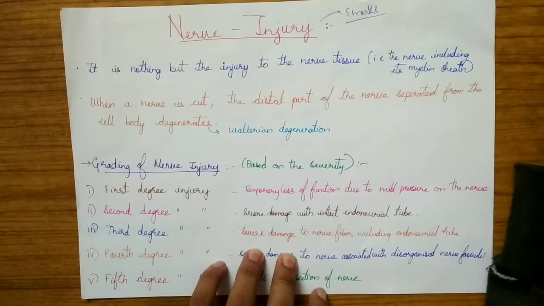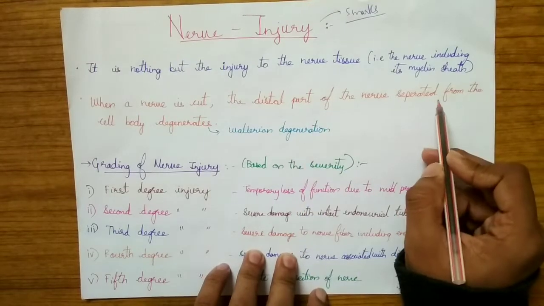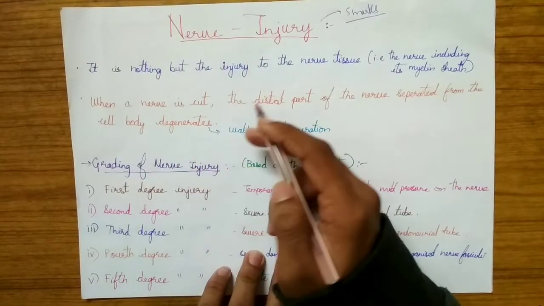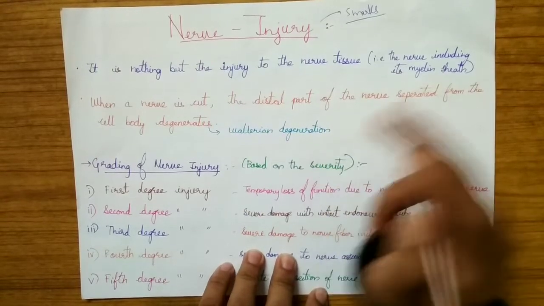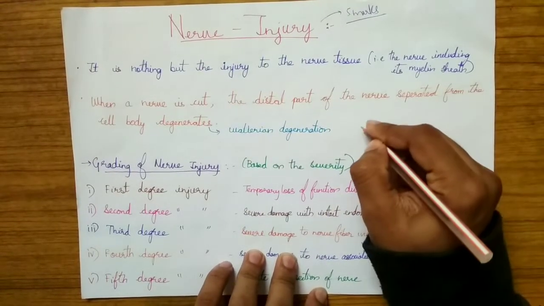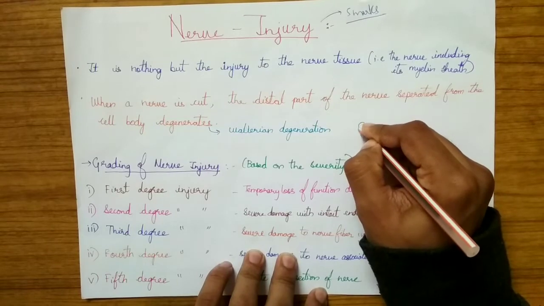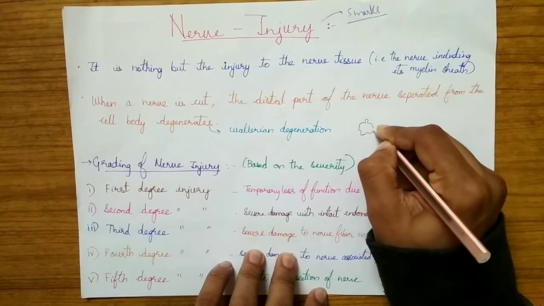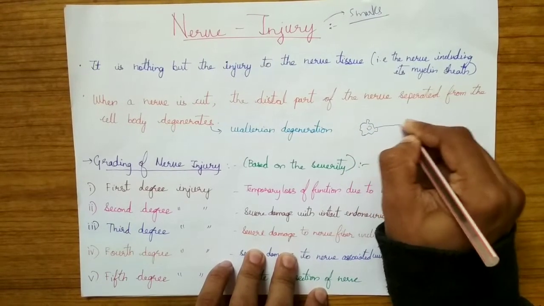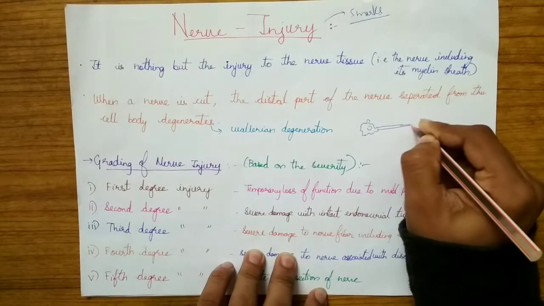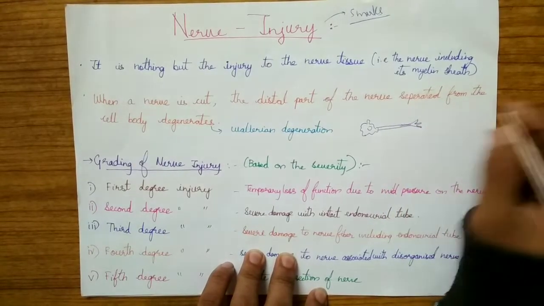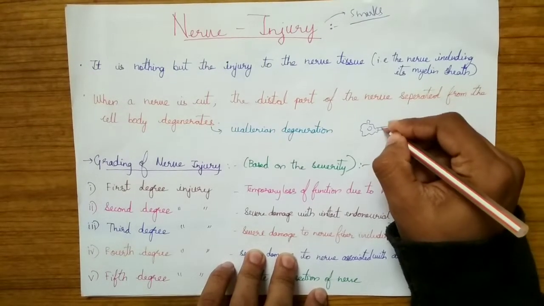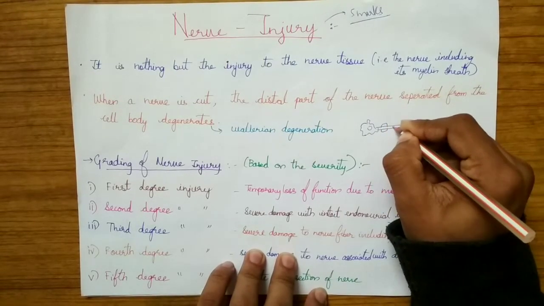So when a nerve is cut, the distal part of the nerve is separated from the cell body and it degenerates. This is also called Wallerian degeneration. You can understand this by, this is a nerve cell, and this is the cell body of the nerve, and this is the axon, and these are the terminals of the axon, and it is covered by myelin sheath.